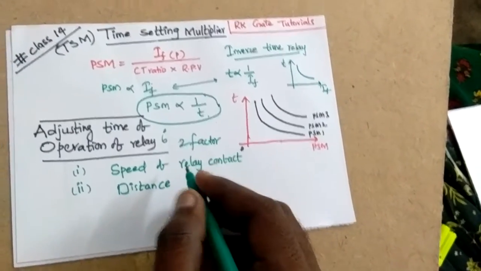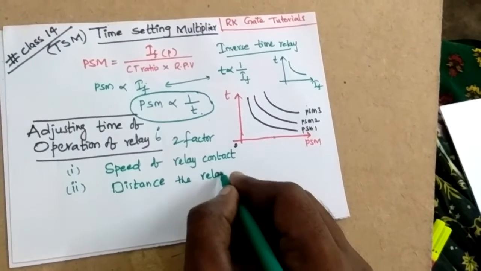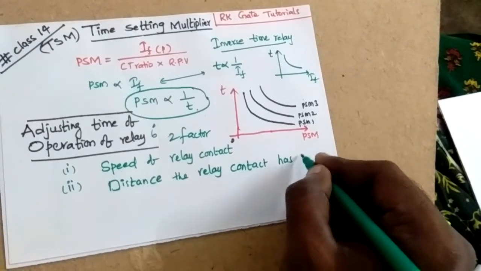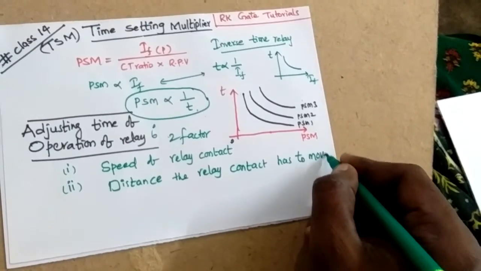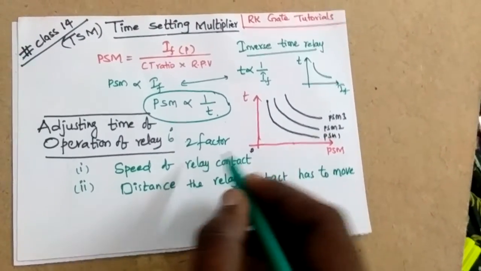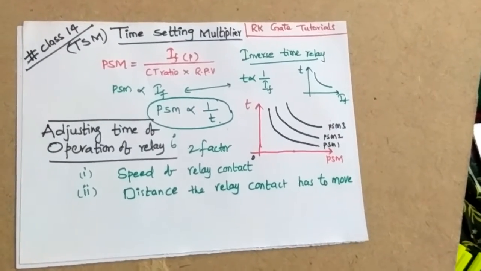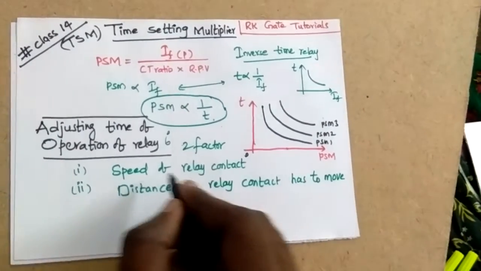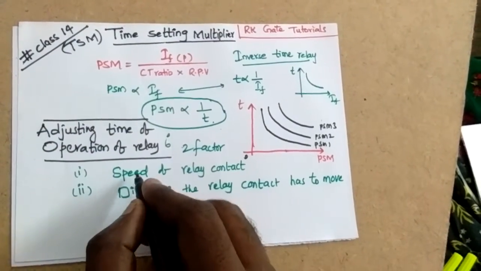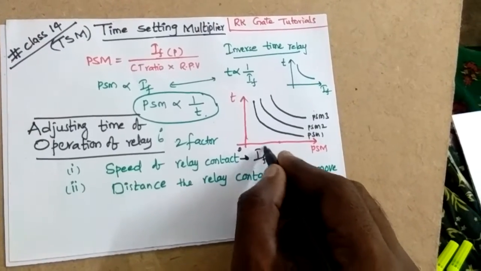On these two factors only the time of operation depends. From here we can analyze the first one, that is the speed of operation. This is independent of our operation; the speed of operation depends on the fault current magnitude.